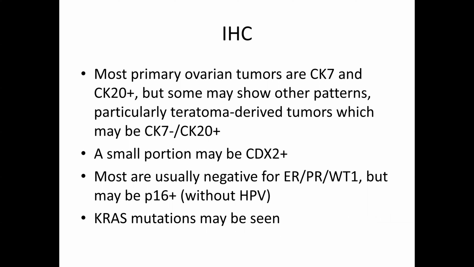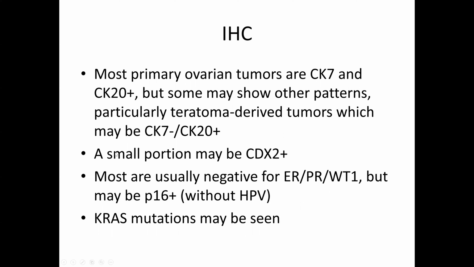Immunohistochemistry, well, it has some role to play. Most primary ovarian tumors are CK7 positive and CK20 positive, but some show other patterns, and particularly those that come associated with a teratoma, where you may have a CK7 negative, CK20 positive tumor.